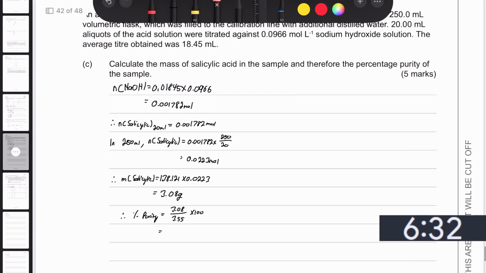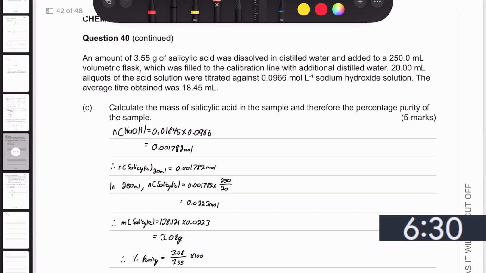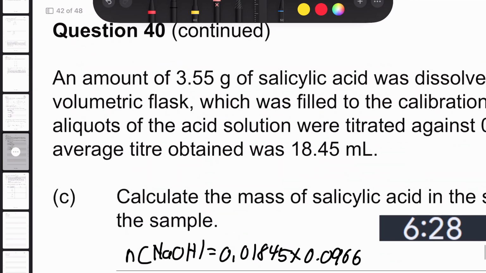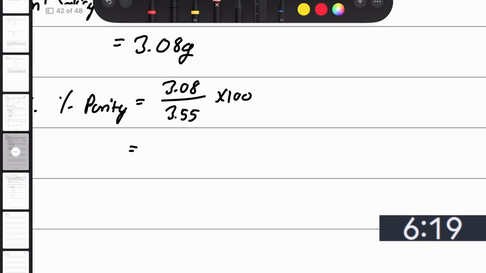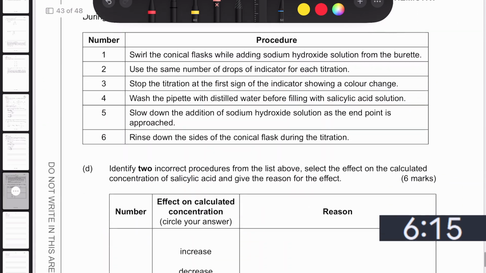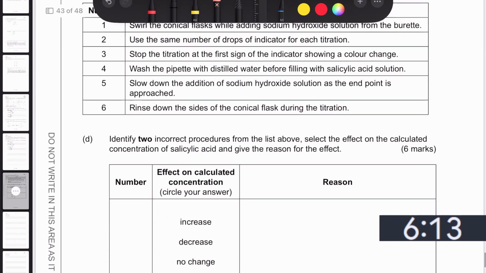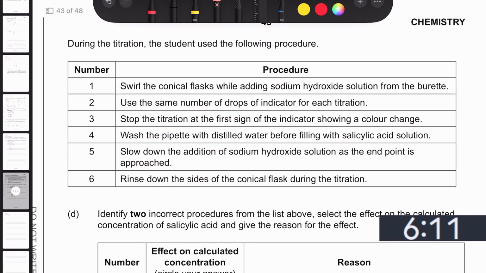How many sig figs do I want? 3 sig figs. So 3.08 divided by 3.55 times 100 is 86.8%. Okay. Oh, we are cutting it close. 6 minutes, 6 marks left.